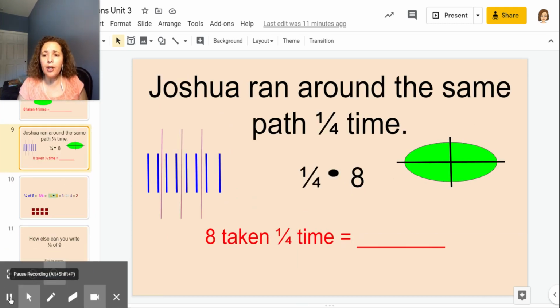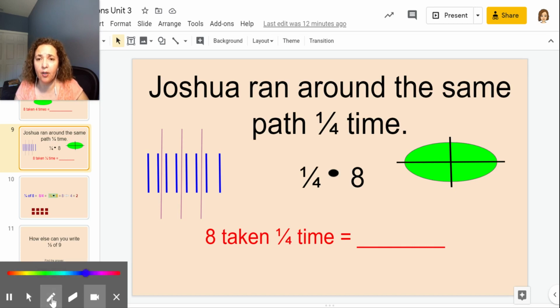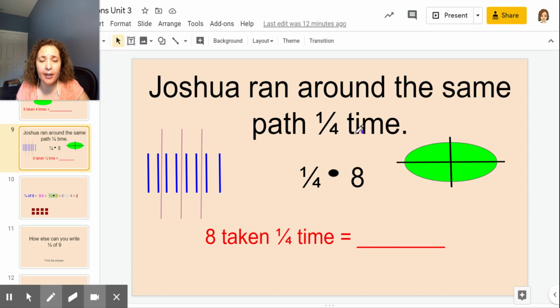Okay, but now here is where we get into the fraction part, but it's the same thing. Joshua ran around the same path 1/4 of the time. So it's 1/4 times 8.